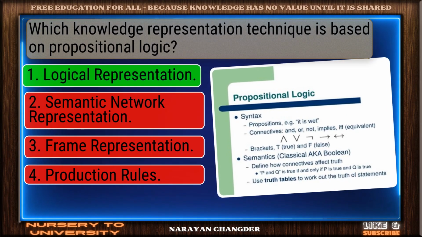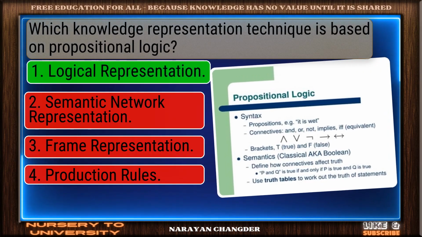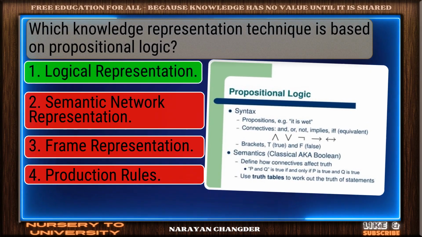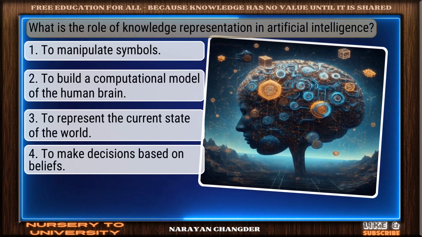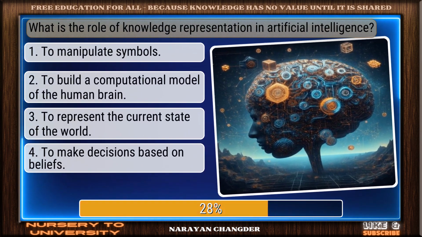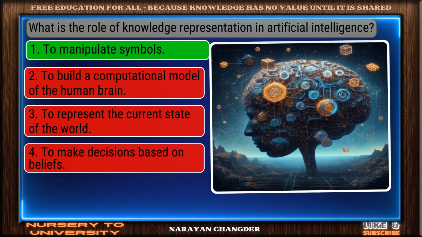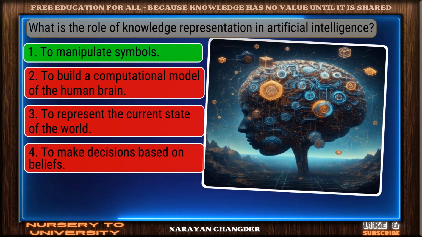Clear logic. Your choice, logical representation, is sound and 100% true. Question number 10. What is the role of knowledge representation in artificial intelligence? Excellent. To manipulate symbols is a brilliant choice.